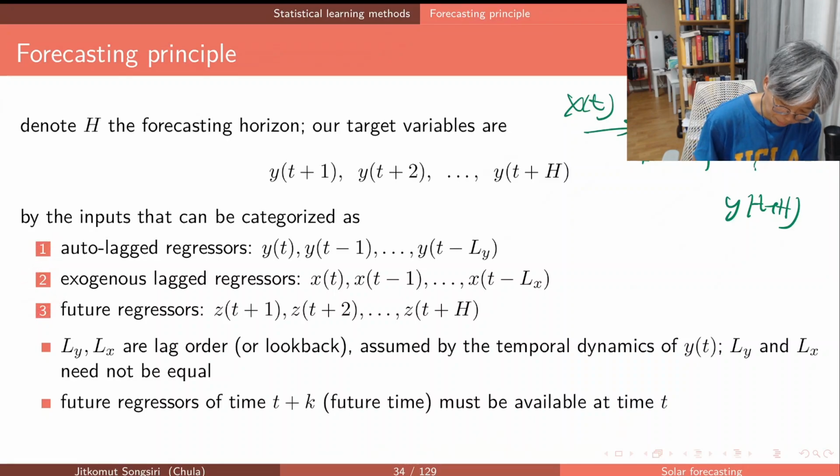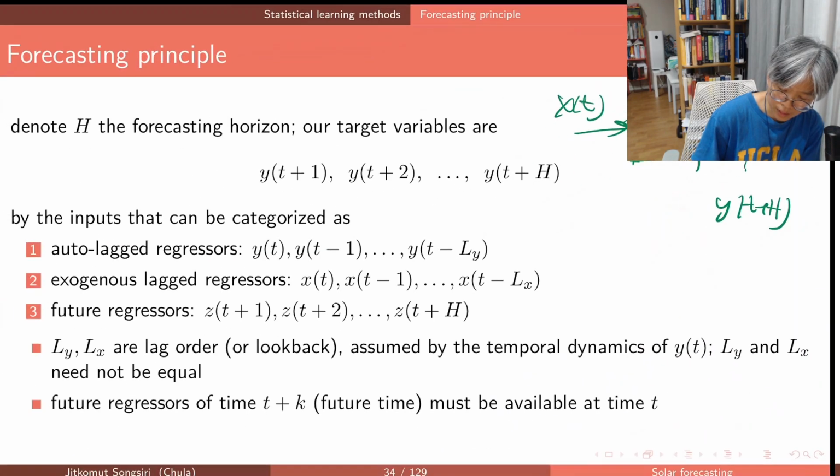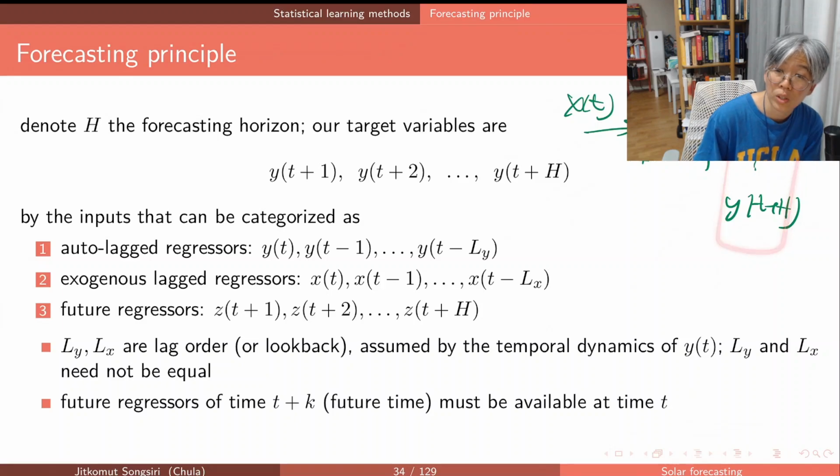The first one is autoregressive lag regressors. This means whatever variable that you're going to forecast as y, which is the y in the future times, you use the historical data or the lag information that can be determined by the lag order of y. So this is called lag order.